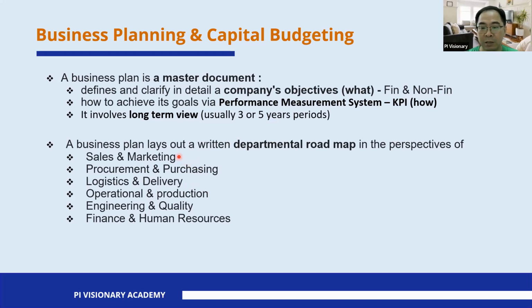Your department last time took 3 weeks to respond to the quotation. Kuan Yin, your department. The company gives you pressure, wants to improve the sales. So how to improve the sales? So you need to set your department objective. How to improve the sales?